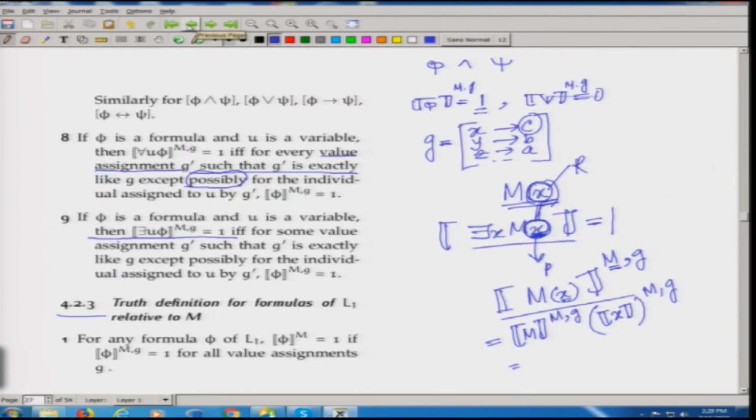Functionally speaking, it is a1, b1, c1, and then this gives us c. What is the result? 1. Thus, we compute the truth value of Mx, but not Mx with respect to the model m alone: Mx with respect to the model and a value assignment function g, without which Mx is actually truth valueless.